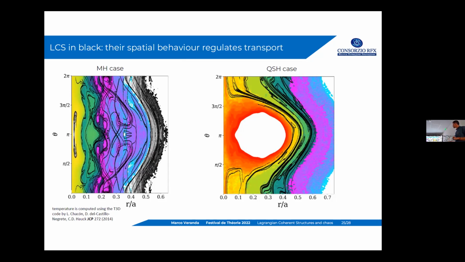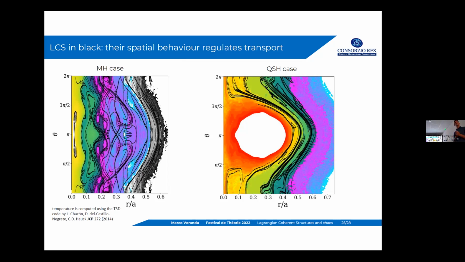First of all, Lagrangian coherent structures like here or here separate quite well regions where the plasma electron temperature has some gradients. So they seem to be a good candidate at this point for understanding why there can be gradients of temperature also in a stochastic magnetic field.